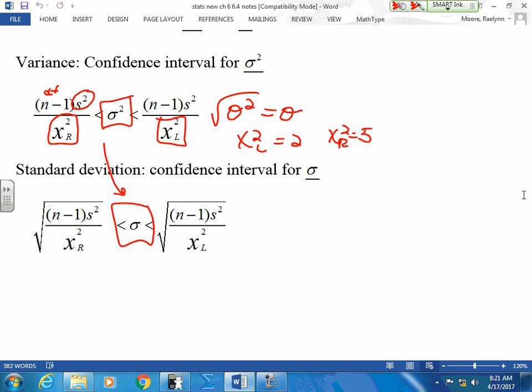If I put my left over here, and I put my right over here, when I divide by a smaller number, don't I get a larger number? So this wouldn't work in this inequality statement. So therefore, I want to divide by my larger number to get the smaller number, divide by my smaller number to get the larger number to make my inequality work.